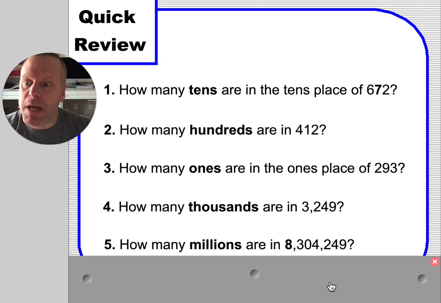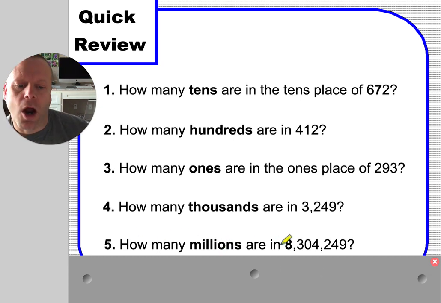How many millions? This is like 5th grade math. Don't do this. Or at least don't tell Principal Freilich you're doing this. How many millions are in the number 8,304,249? Well, the 5th graders, when they do problems like this, first thing they're going to do is find the millions place.